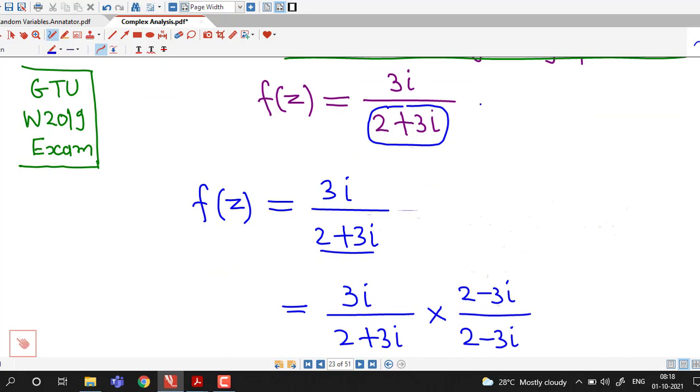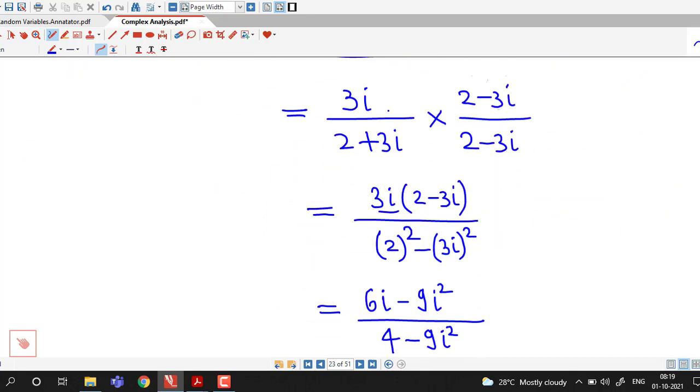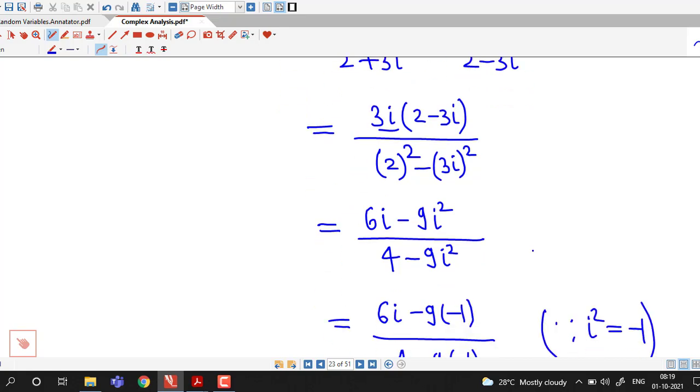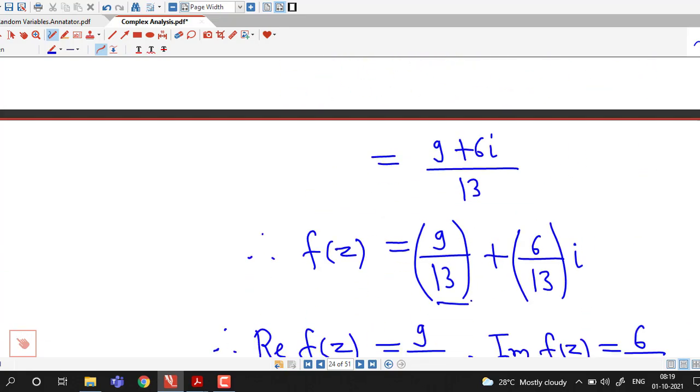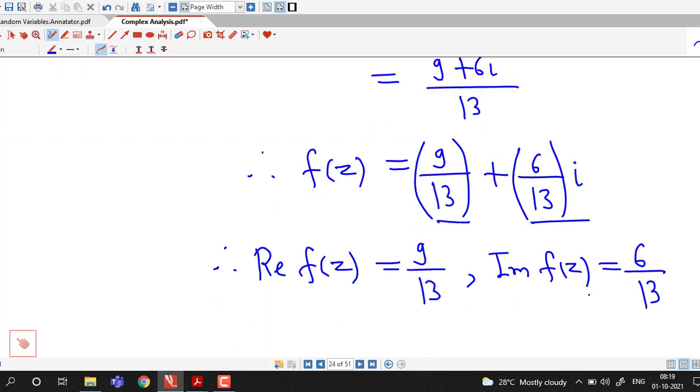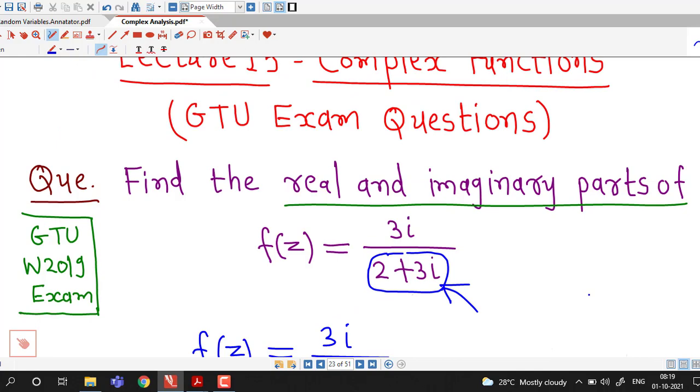We just have to concentrate on the denominator, and we multiply numerator and denominator by the conjugate of 2 plus 3i, which is 2 minus 3i, and then using the algebra of complex numbers we are able to express our function in this form, u plus iv. So in this way we can decide real and imaginary parts of any complex function.